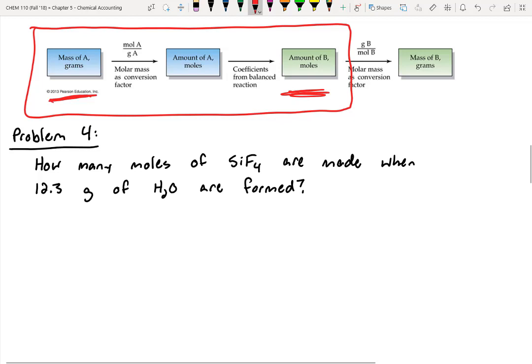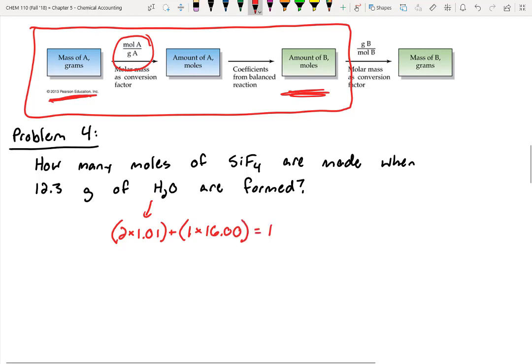Did anybody figure out what the molar mass is of water? Let's try it, right? So water has 2 hydrogens, which is about 1.01, plus 1 oxygen, and that oxygen is about 16.00.